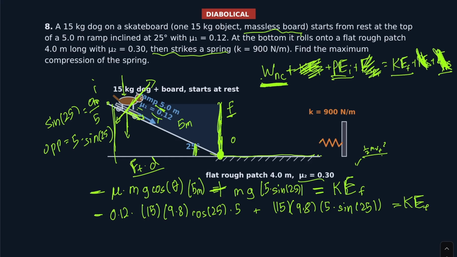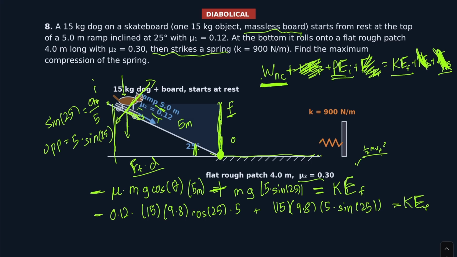So negative 0.12 times 15 times 9.8 times cosine 25 times 5 is about negative 80, and then you add 15 times 9.8 times 5 times sine 25, and then you should get about 230, I believe.